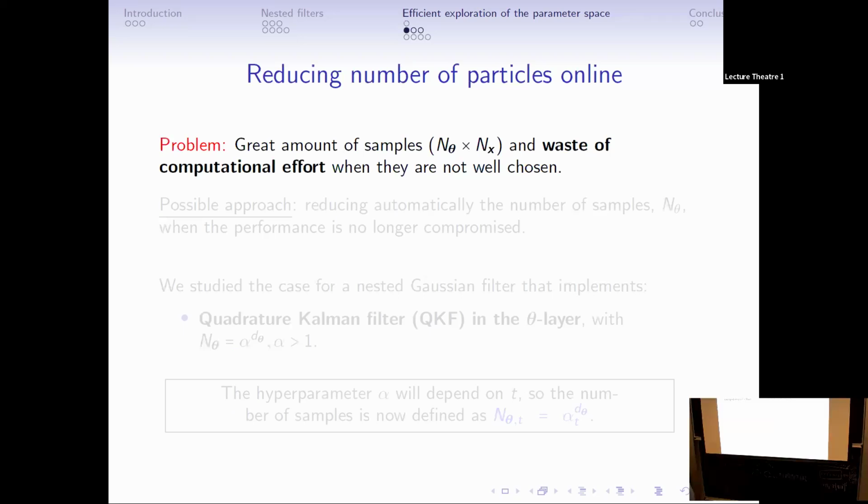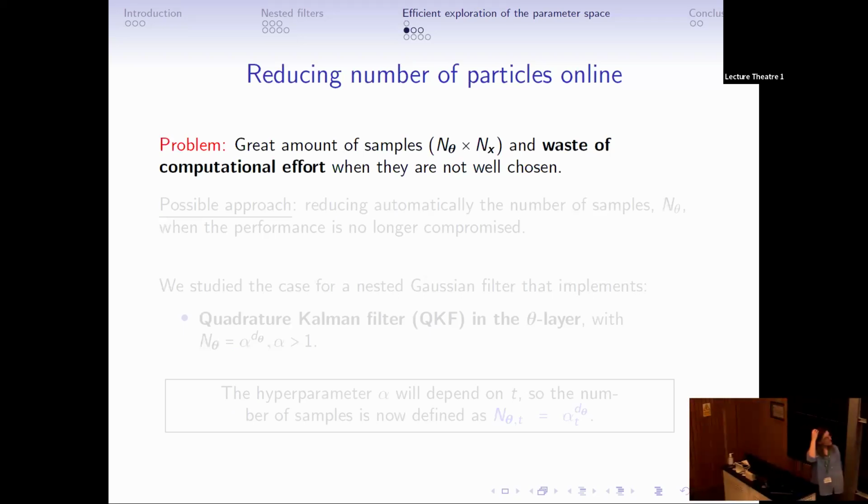So the first thing we thought about is to reduce the number of particles at some point, especially in the parameter space, because at the end, each particle in the parameter space has a whole filter associated to it. So if you can remove one or two, it is going to reduce the computational cost a lot.